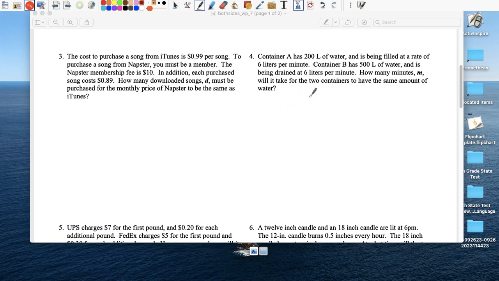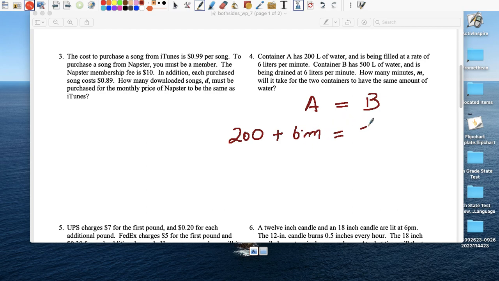Container A, so let's call that A, starts at 200 liters and is being filled at 6 liters per minute. So after 1 minute, it has 206. After 2 minutes, it would be 200 plus 12, right? Because 6 times 2 would be 12, so it increases by 6 liters per minute.